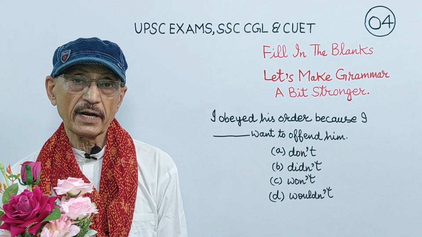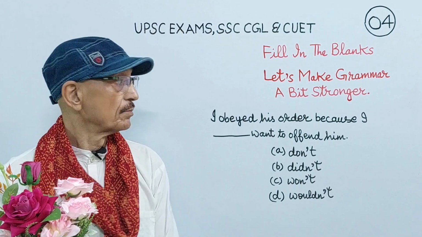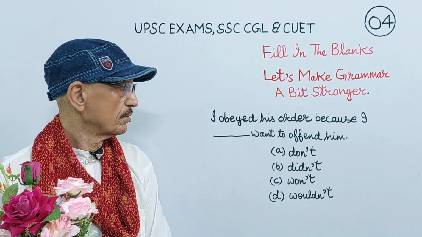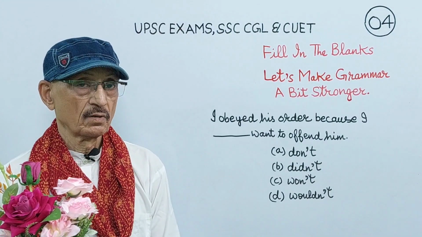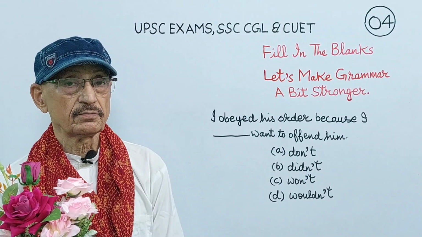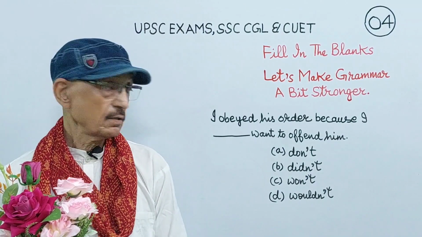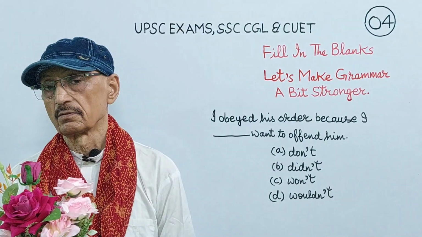I obeyed his order because I blank space want to offend him. There is a group of 4 alternative words given here: don't, didn't, won't, wouldn't.